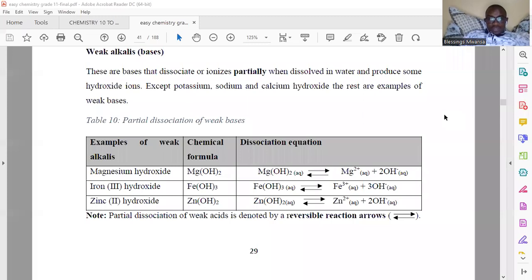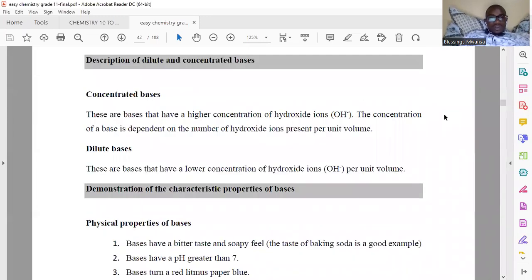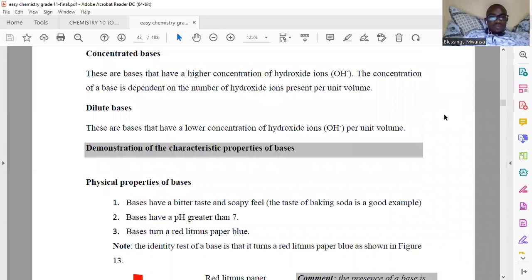All right, we can move on and look at what they mean when they say a concentrated base. What determines a concentrated base is the concentration of hydroxide ions.